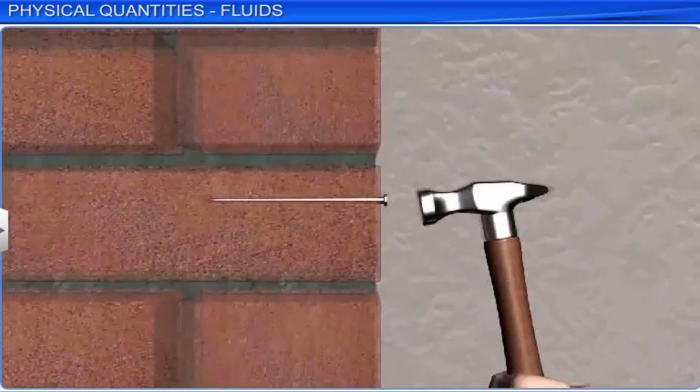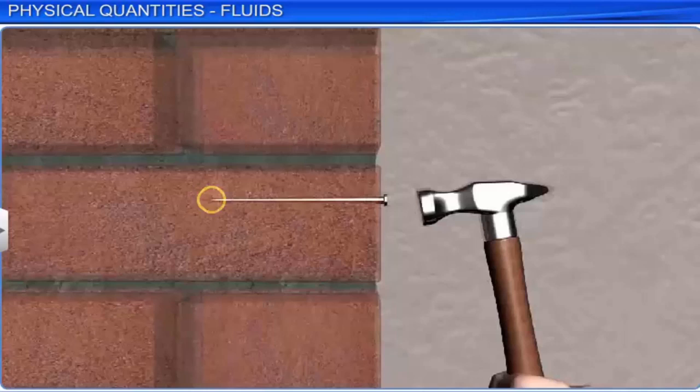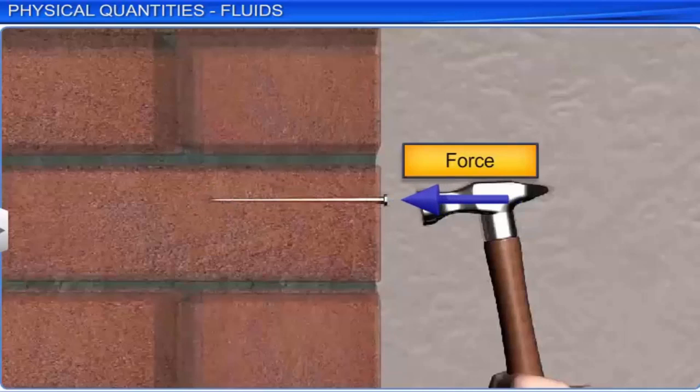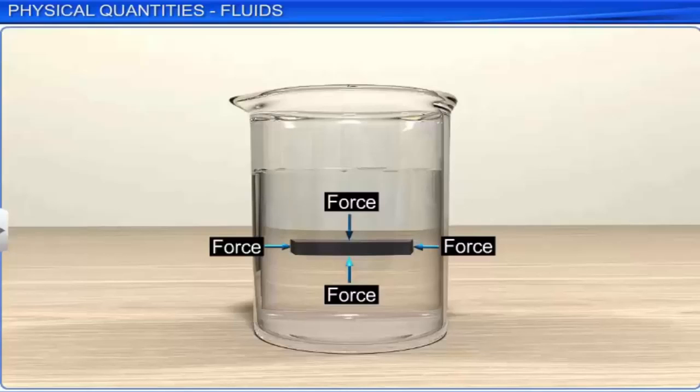Here, the force exerted on the nail is perpendicular to the surface on which it is applied. Similarly, the force exerted by a fluid on an object submerged in it is always perpendicular to the object's surface at all points.